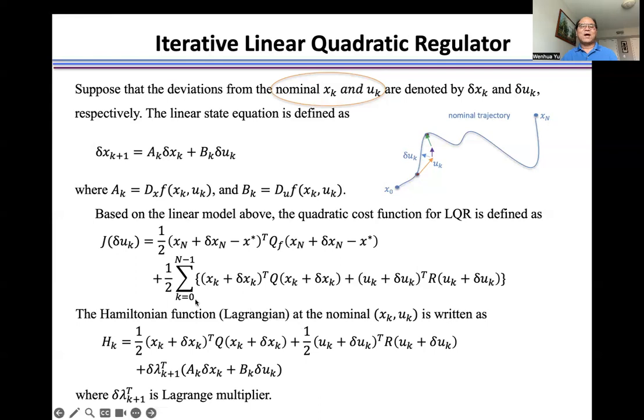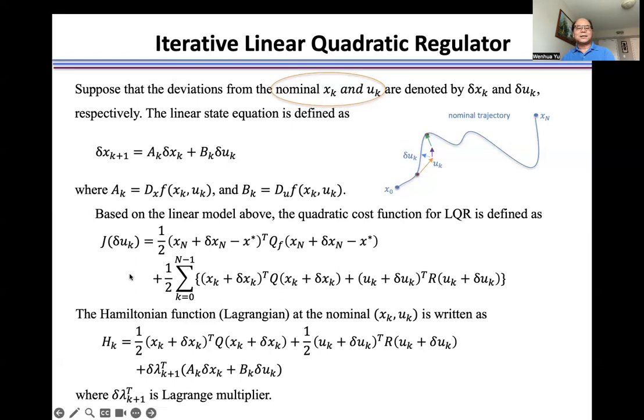Our goal is, based on the result generated by the linear quadratic regulator, to find a modification or improvement on the control. Once we get this modification, we get the improved control and run the modified linear quadratic regulator again and again until we reach a convergent result.